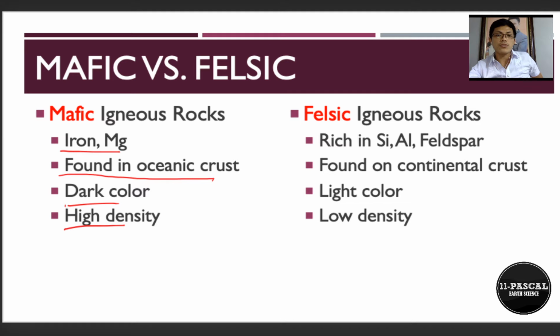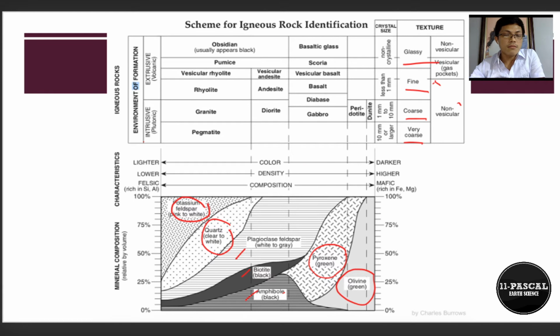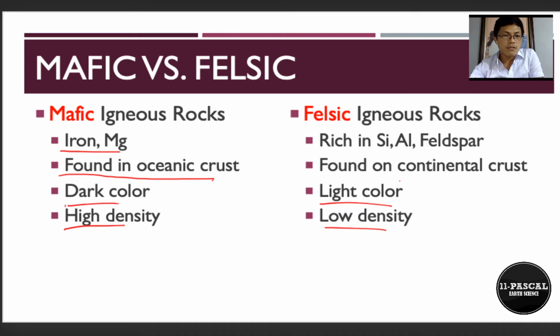While felsic igneous rocks are rich in silicon, aluminum, and feldspar, and they are mostly found on continental crust, and they are lighter. That's why they have low density and they have light color due to the presence of quartz and potassium feldspar. Okay, mafic rocks being darker since it is mostly composed of olivine and pyroxene.